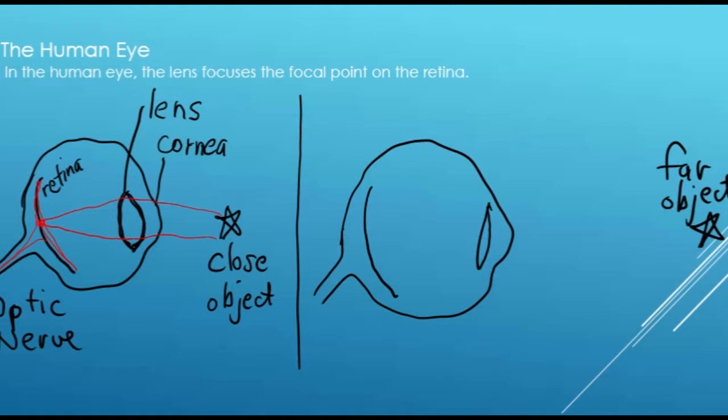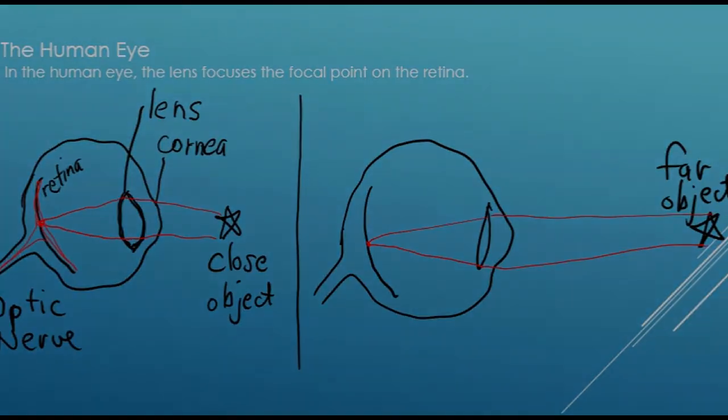For a far object, your lens becomes less convex, or kind of flatter, so that again the focal point will fall on the retina back here and you'll be able to focus on it. So because our lenses can change shape, we're able to see near and far.